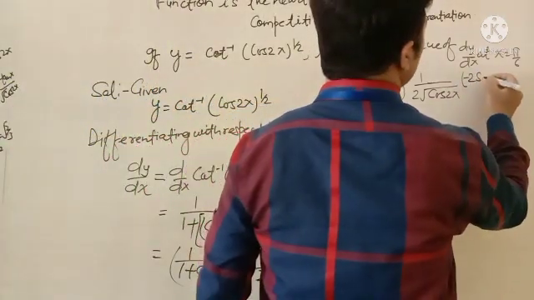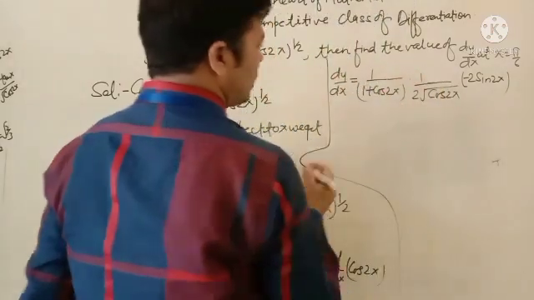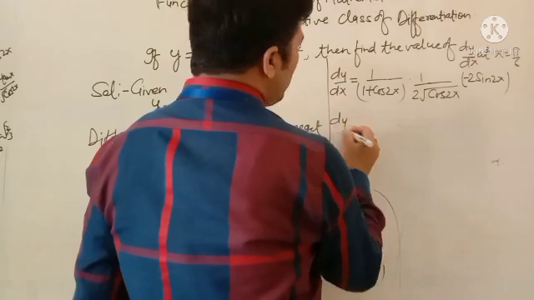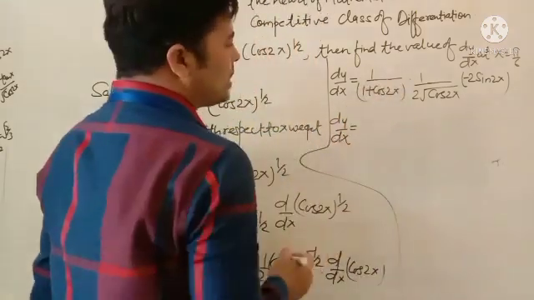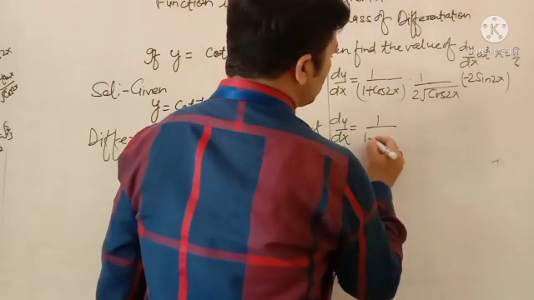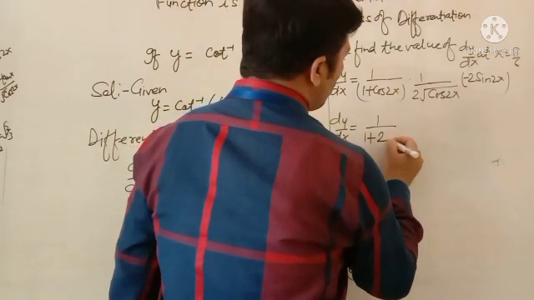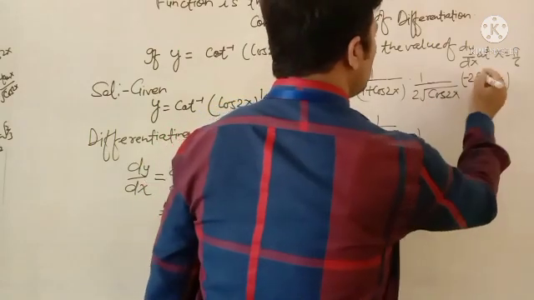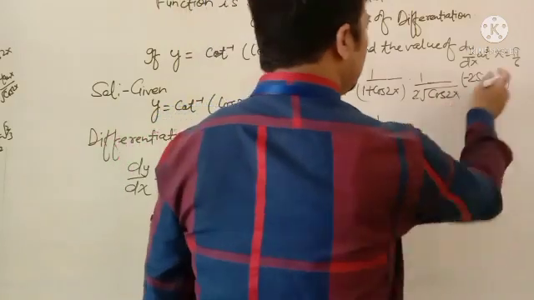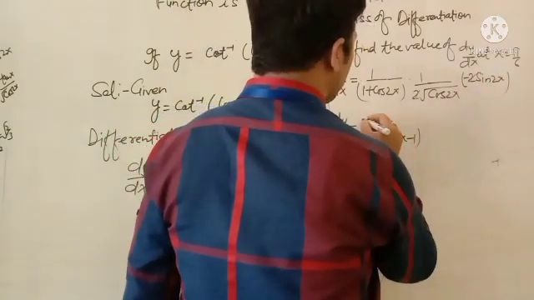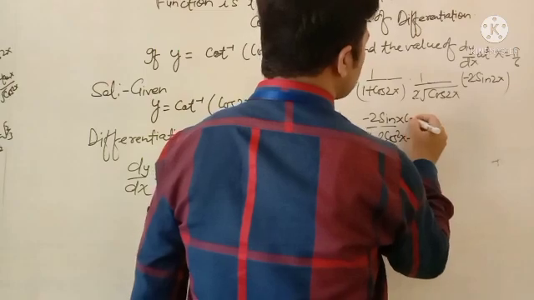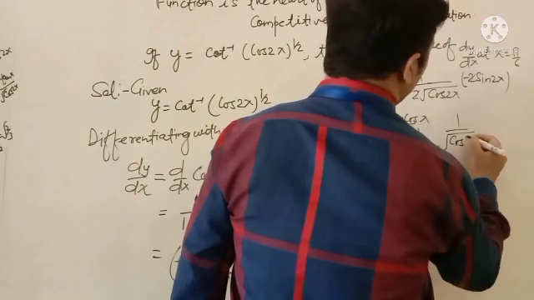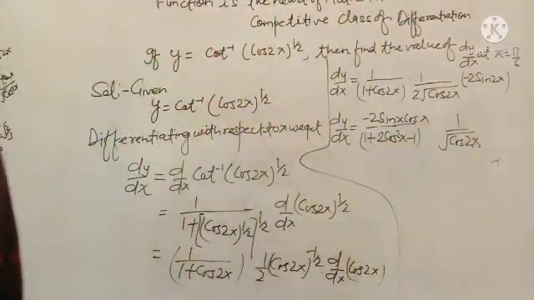So this is 1 upon 1 plus 2 cos square x minus 1, and the 2 cancels. Here minus sin 2x can be written as 2 sin x cos x, multiplied by 1 upon root cos 2x.